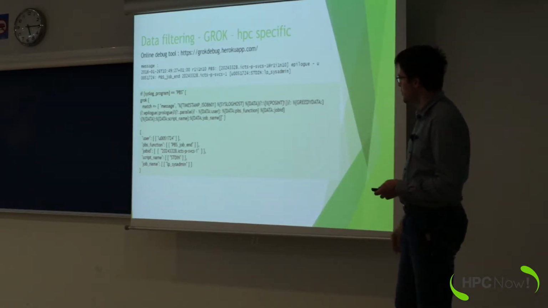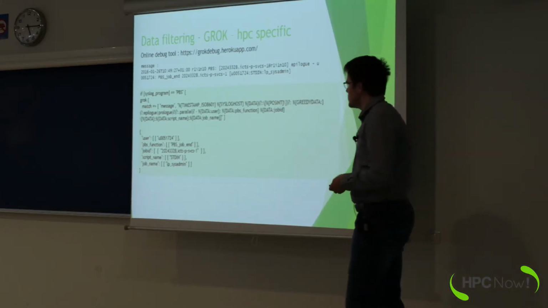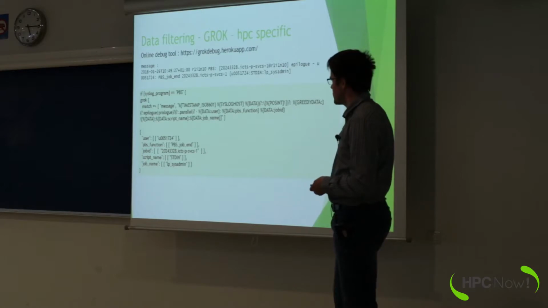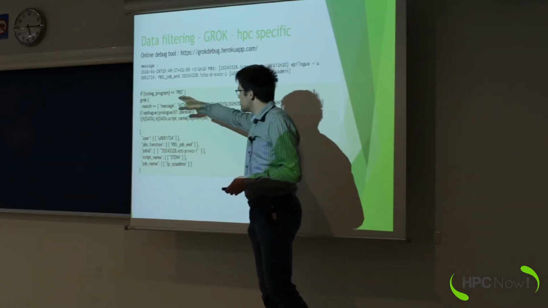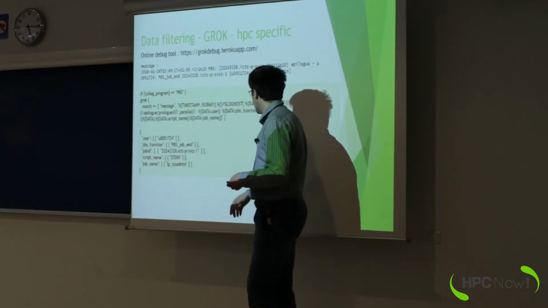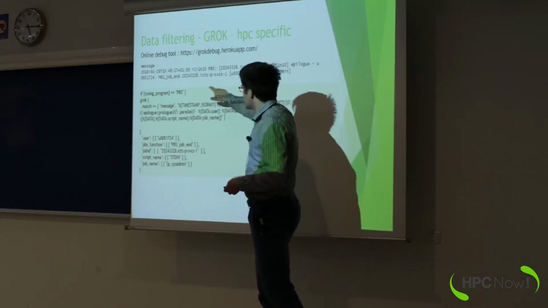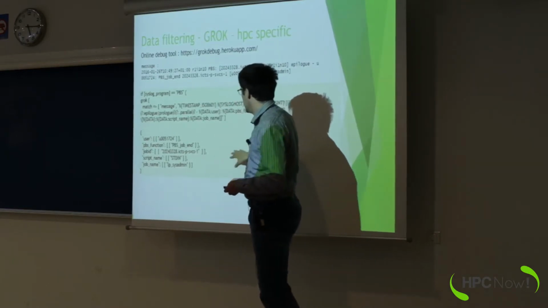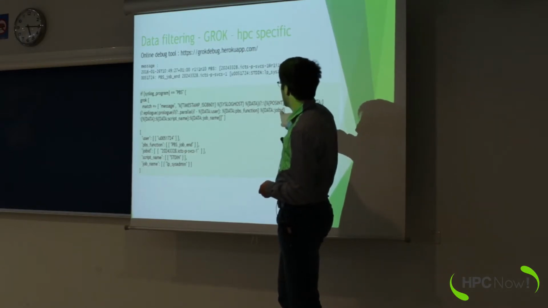This now is one for PBS, so every command that's executed through PBS also generates a log file. And here you do some specific filtering for PBS, saying you want to filter the job ID. Here it's matching the job ID.